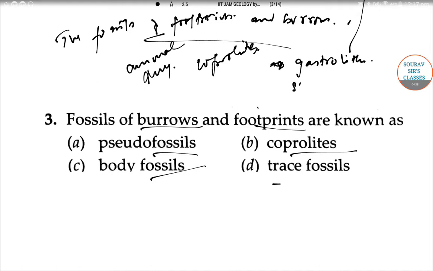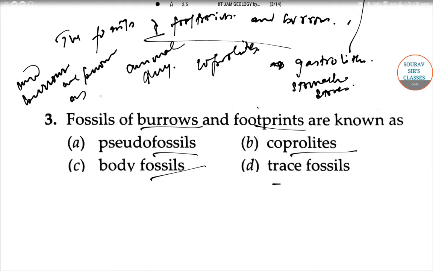Now the stomach stones, these are known as the gastroliths. And the burrows are known as trace fossils. So this is very important for all of you to understand what is a trace fossil, what is a stomach stone, what is animal dung. The trace fossils are this.